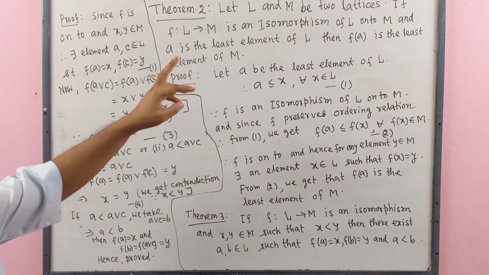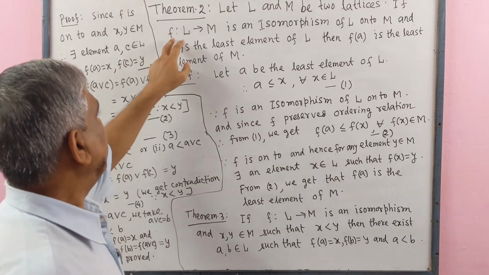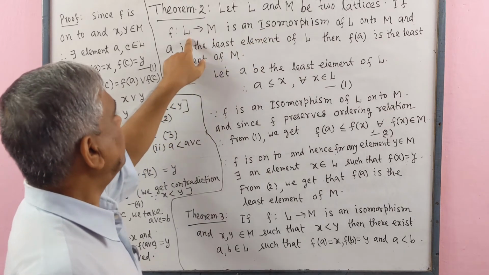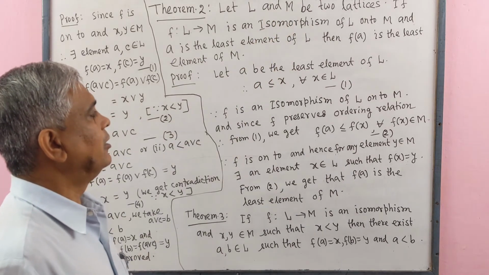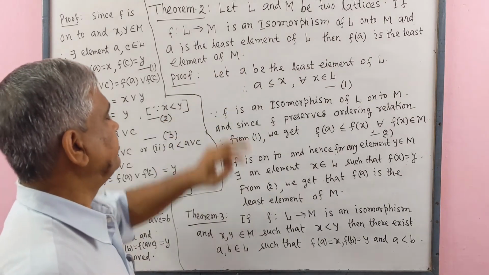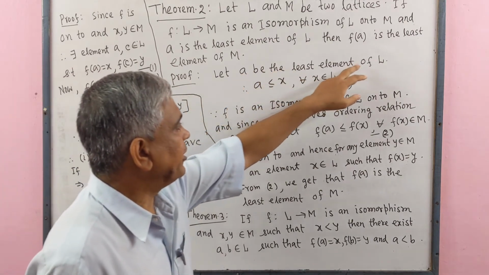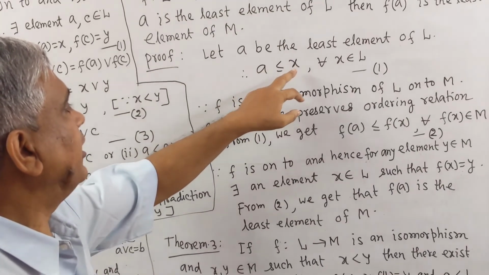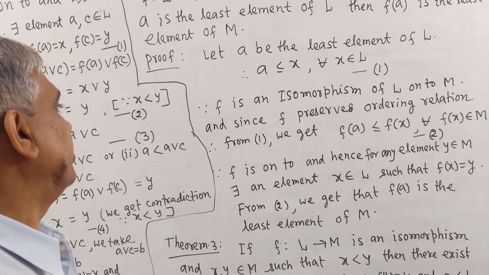Theorem 2. Let L and M be two lattices. If F is an isomorphism of L onto M and A is the least element of L, then FA is the least element of M. Proof. Let A be the least element of L. Therefore, A is less than equal to X for all X belong to L. This is number 1.